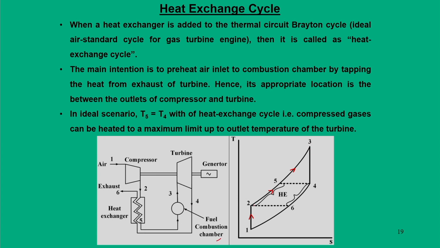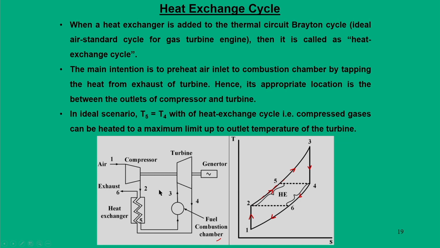Of course, they are at different pressure lines, but ideally we maintain the same pressure for our cycle analysis. Then 3 to 4 is the expansion in the turbine, then 4 to 6 is the heat rejection from the turbine in the heat exchanger, and finally, 6 to 1 goes to the exhaust.